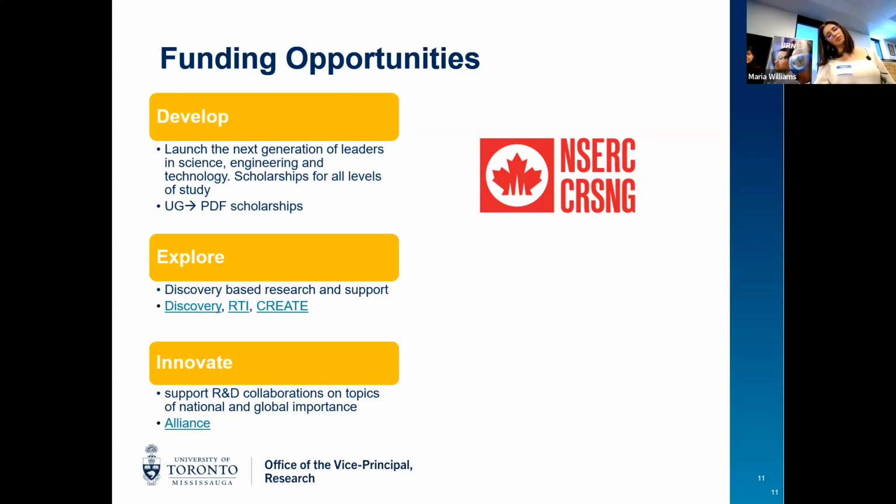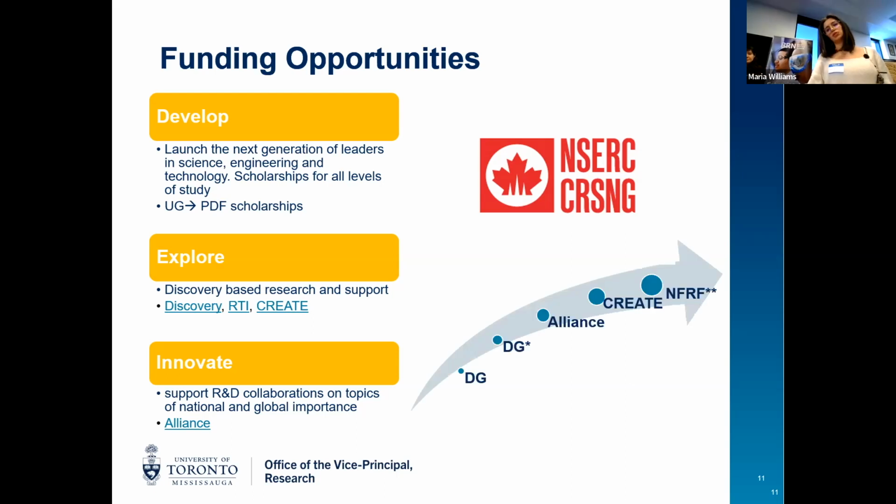And then the Innovate is more for partnerships. This can include academic partnerships, industrial partnerships, and it's all through the Alliance. A trajectory here looks like your Discovery, and I know I've listed Discovery twice, and that's just to say you are applying for the Discovery every 5 years. If it's your first time in a Discovery or your early career, you can think that it'll give you maybe around 20 to 30,000 per year.